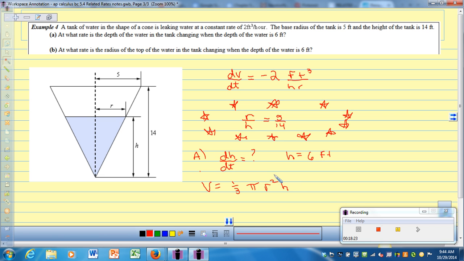So let's get this in terms of one variable. We have r over h equals 5/14. Well, that means that r equals 5/14 times what? Times h, yes? All right. So let's get rid of r and find the dh/dt, since that's the variable we want anyway. This is 1/3 pi times 5/14 h squared times h.